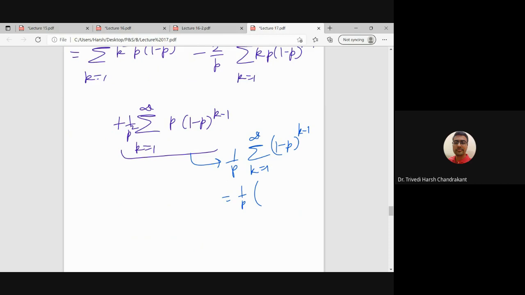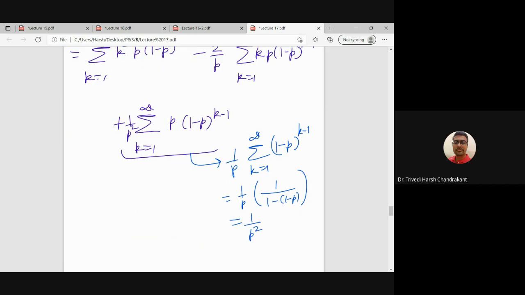The first term is 1, because k starts from 1 to infinity, so k equals 1 gives k minus 1 equal to 0. So 1 divided by 1 minus (1 minus p). What is the sum of this series? 1 by p square, right?